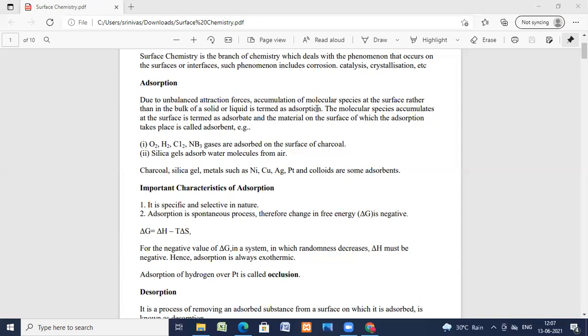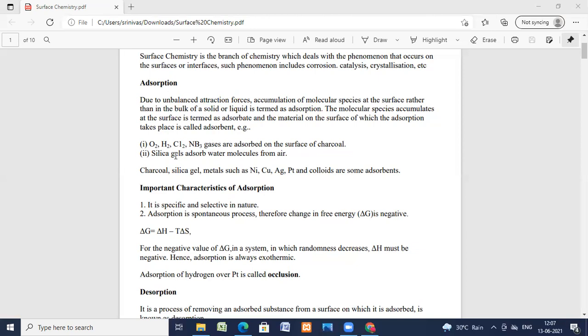The molecular species that accumulates at the surface is termed the adsorbate, and the material on the surface of which adsorption takes place is called the adsorbent. So O2, H2, Cl2, NH3 gases are adsorbed on the surface of charcoal. Silica gel adsorbs water molecules from the air.